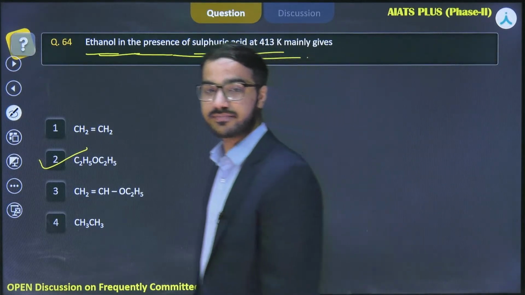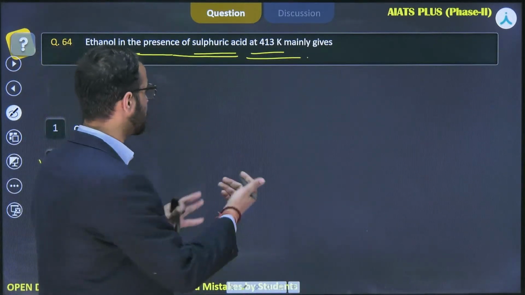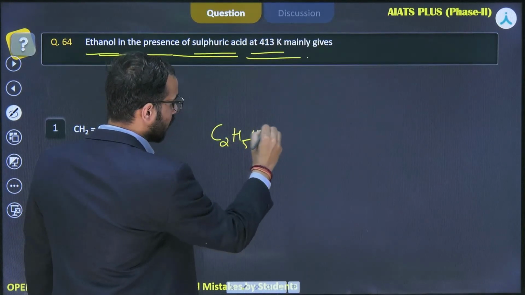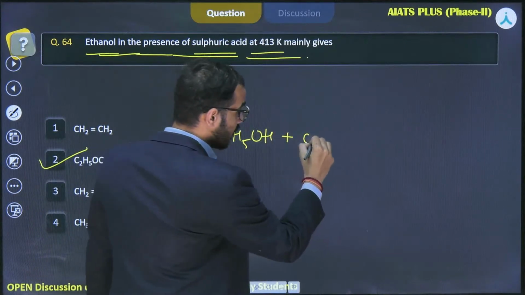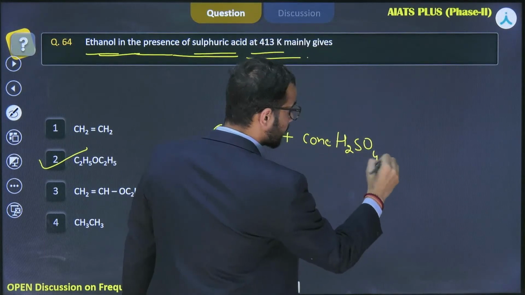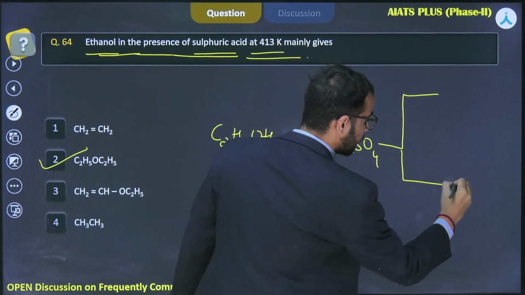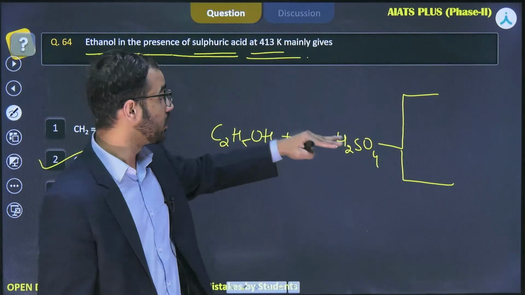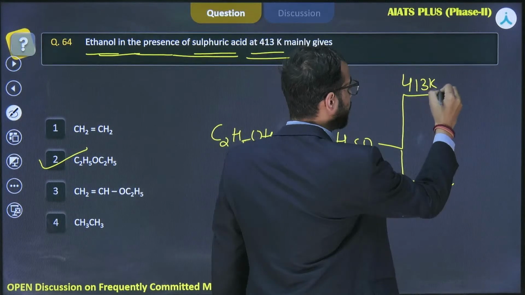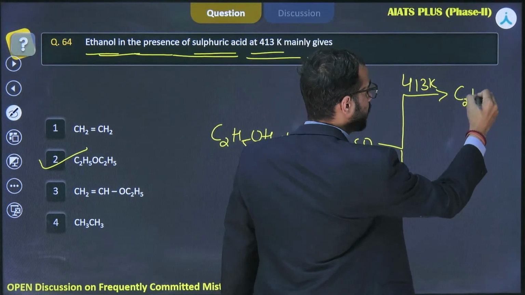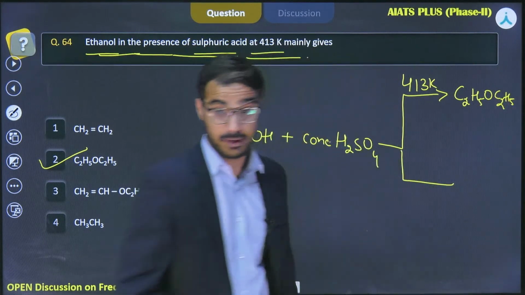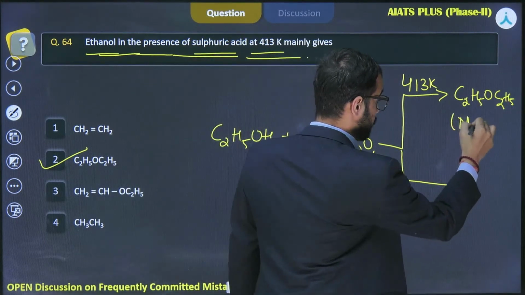Is it clear? We can simply make a chart over here. Let us say C2H5OH, you are reacting with conc H2SO4. Now the temperature is varied. If you are performing the reaction at 413 Kelvin, the diethyl ether, C2H5OC2H5, will be the major product, or we can see that this is major.